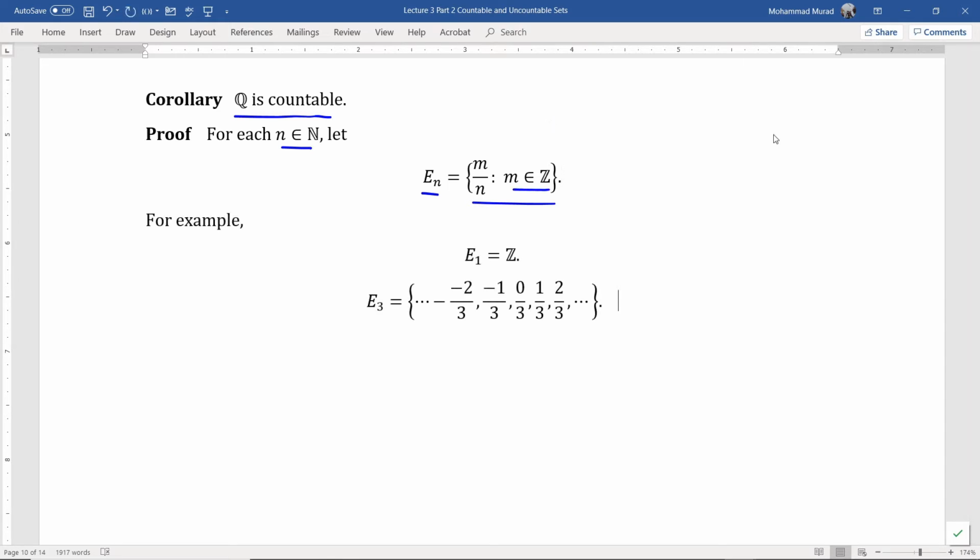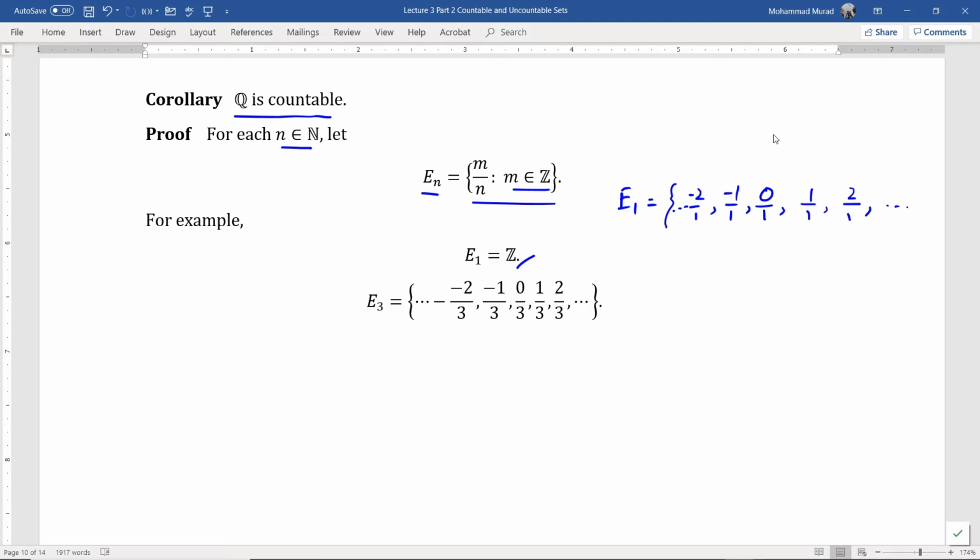For example, E1 is the set of elements of the form 0 over 1, 1 over 1, 2 over 1, and so on, or negative 1 over 1, negative 2 over 1, and so on. This is, in short, the set of integers.